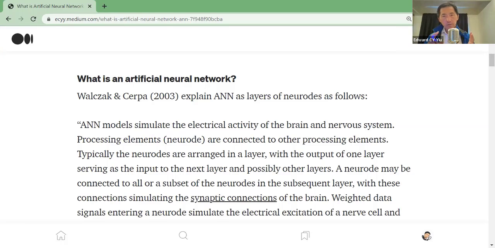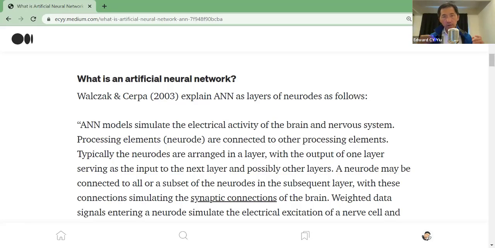Then ANN, right, tries to borrow these ideas from biological neural networks and apply them in machine learning. Let me directly quote this paragraph to explain what is ANN from Wasak and Shapak 2003. ANN models simulate the electrical activity of the brain and nervous system. Processing elements they call neurons are connected to other processing elements.